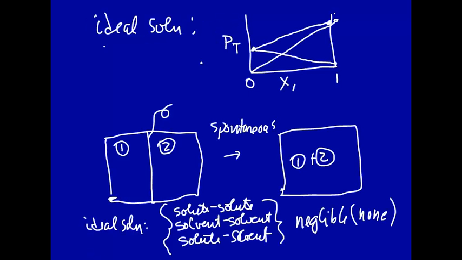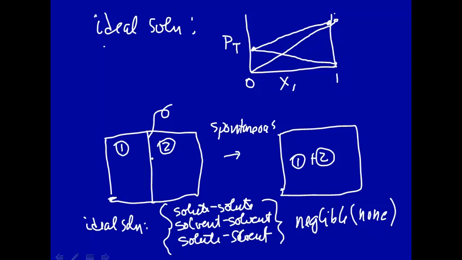Well, if we go back up here, this looks very similar to the situation we had when we were mixing ideal gases, except now the solutes are 1 and 2. Everything is a solvent except for the solutes 1 and 2, the two different solutes that we're going to mix.